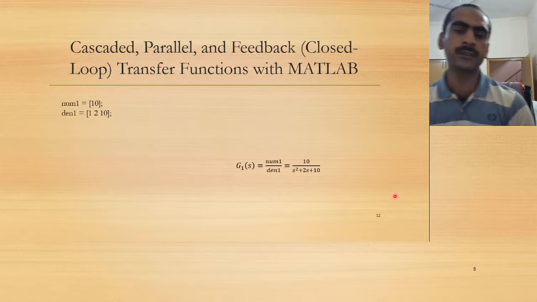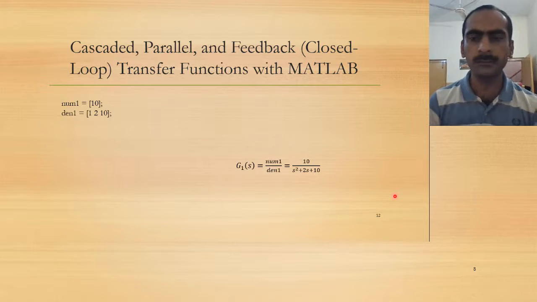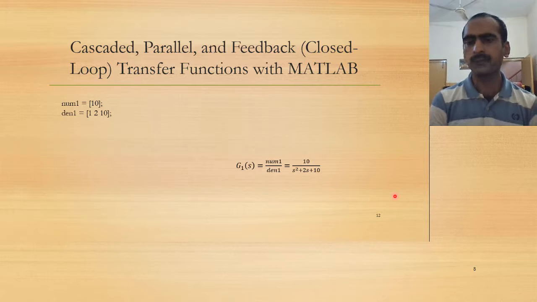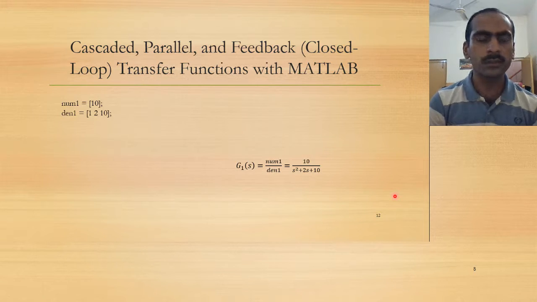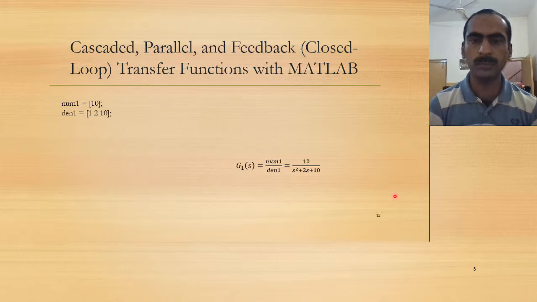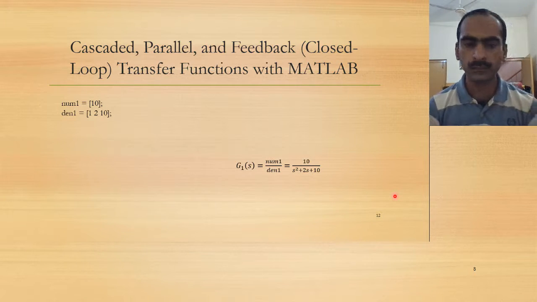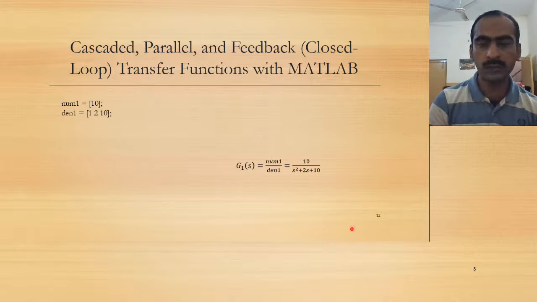In MATLAB, MATLAB gives us facility to calculate the overall block diagram for two blocks connected either in series or in parallel or in loopback fashion, and how it would be done.